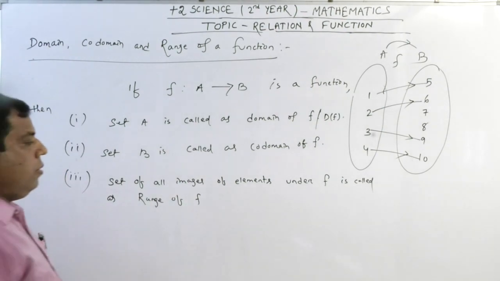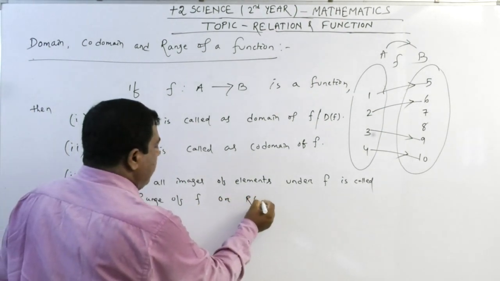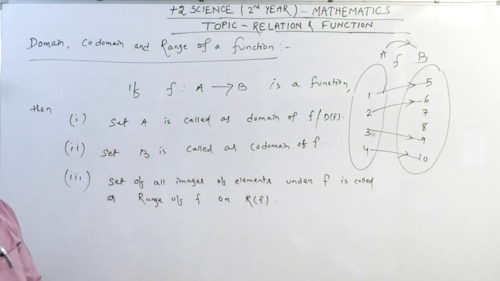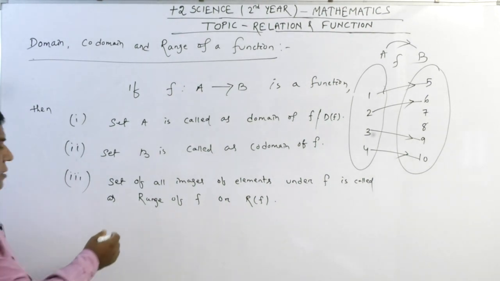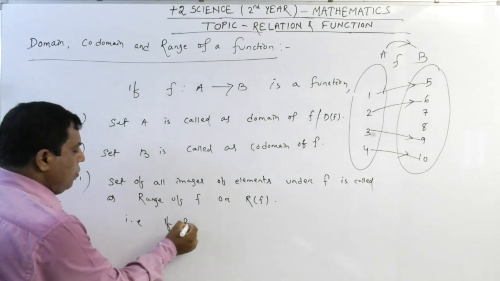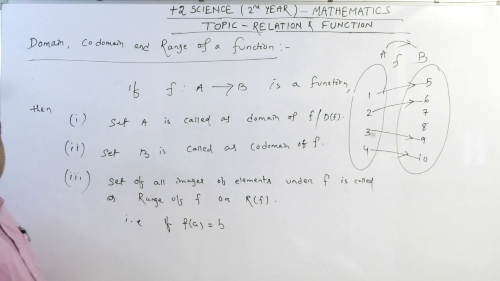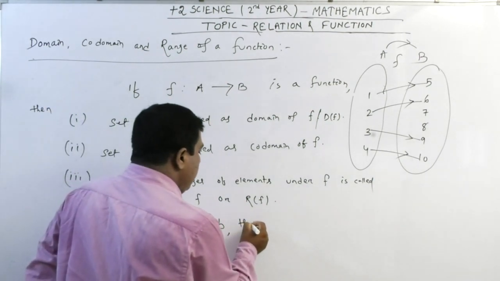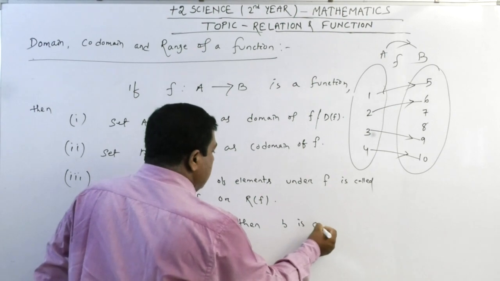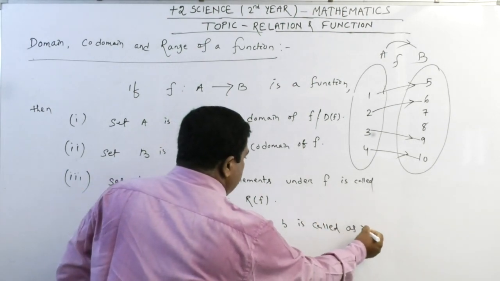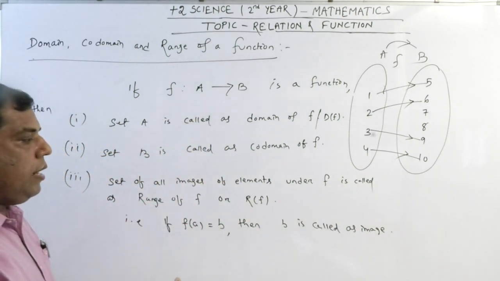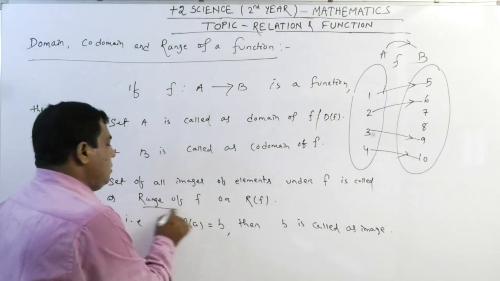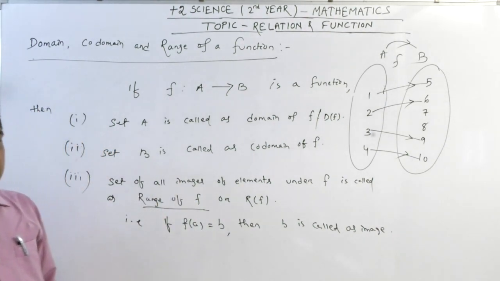Range of f, or R of f, is noted like this. Range is also called the image of f. That is, if f of A equals B, then B is called the image. And if we collect those images, that collection is called your range.